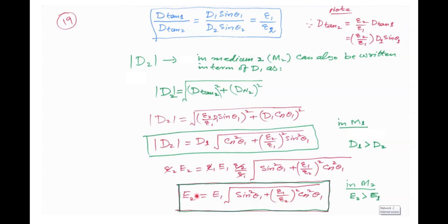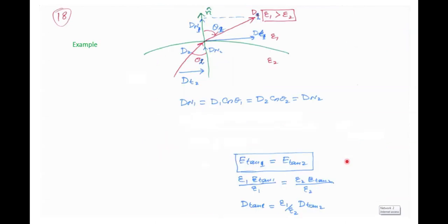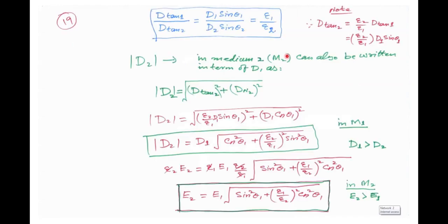So this means that the magnitude of E2 is greater than E1 in material 2. This is the conclusion. That is how to apply the boundary condition to an interface between two different dielectric materials for any given problem.